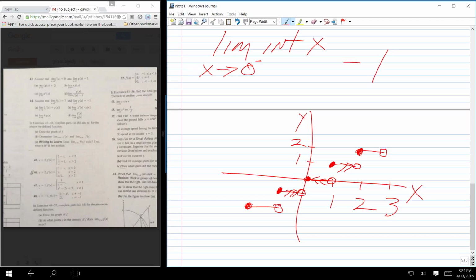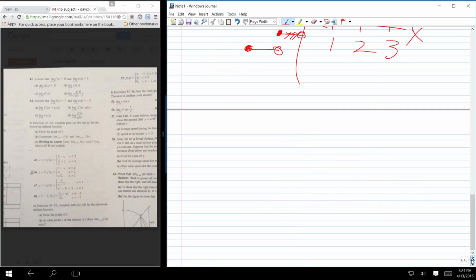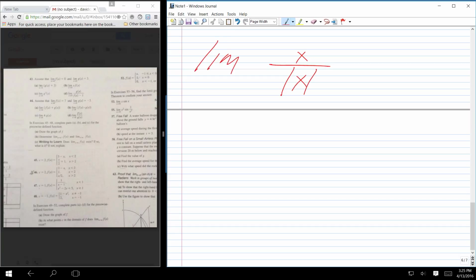Okay, so those are all the ones with that one, and then I have some with absolute value. It's the limit of x over the absolute value of x. This is actually a piecewise function. And I say that because what is this function equal to when x is positive?